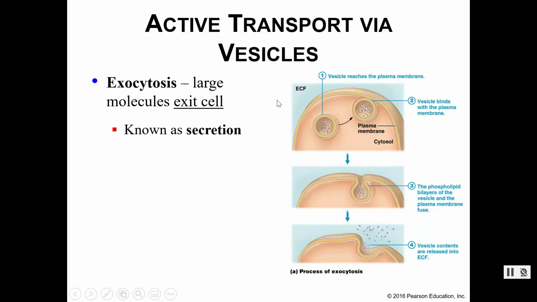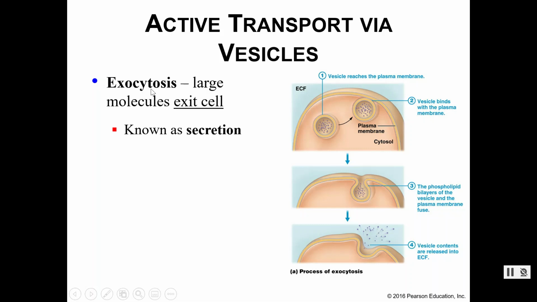Now, not only can we bring things into the cell, but we can also get rid of things. And that's how exocytosis works. You are going to get rid of either large molecules or large quantities of molecules. And you may have heard this term secretion. It's the same idea. Exo would mean to exit the cell.